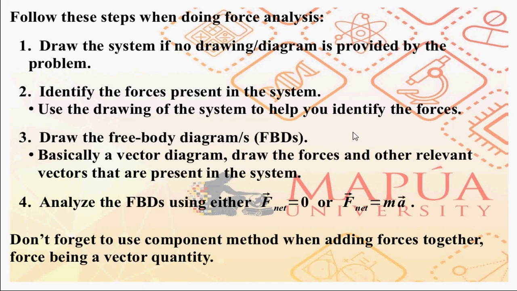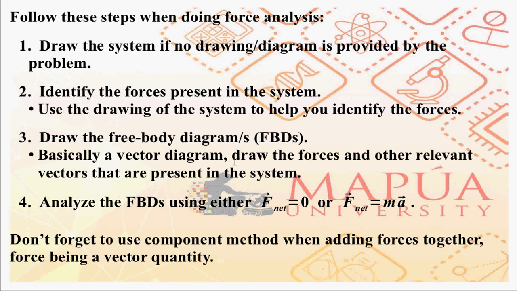Some systems might have only one free body diagram. Other systems might have 2 or more free body diagrams. Consider each object to have its own free body diagram. So if there's only one object in the system, then there's only one free body diagram for you to draw and analyze.